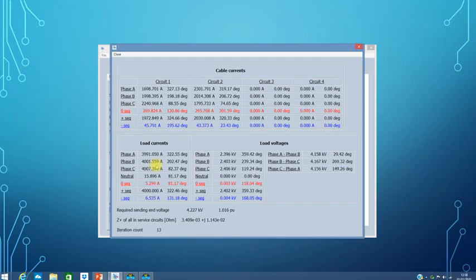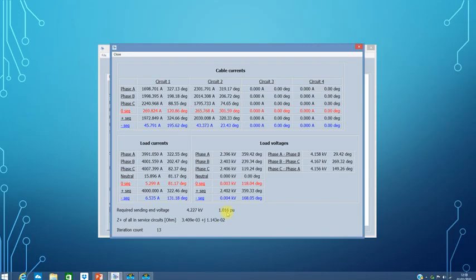The total positive sequence current in the load is 4000 amps as we've specified, and the voltage which is required to circulate that current in the load is actually 1.6 times above the nominal system voltage.